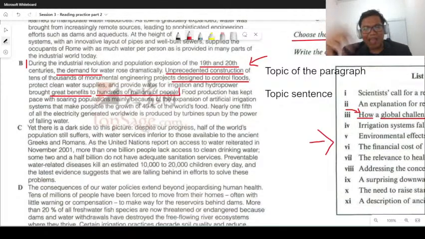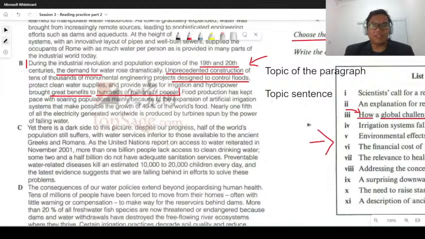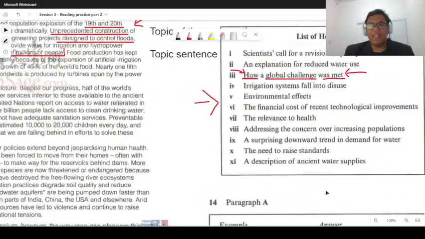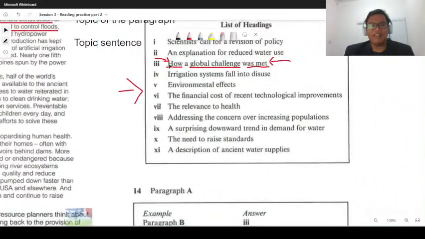You might panic in the moment while you were answering, but if you leave enough time at the end of every section in the reading section, you can check your answer in the way that we just did. Okay, so in that regard, the third heading is the correct one for B, because we did find the topic sentence, and the topic sentence did contain all of these three.